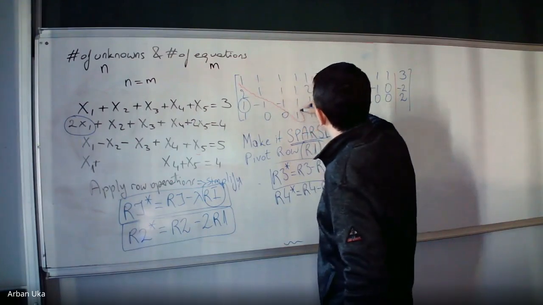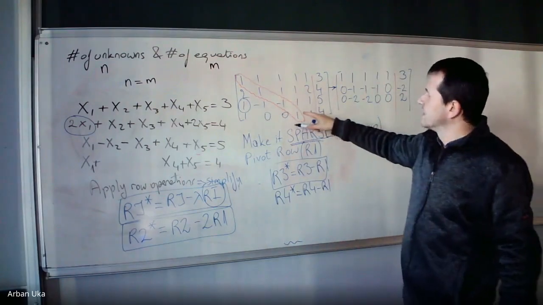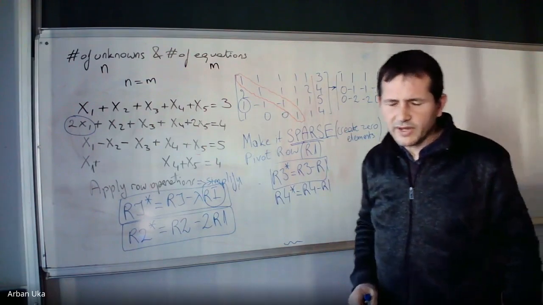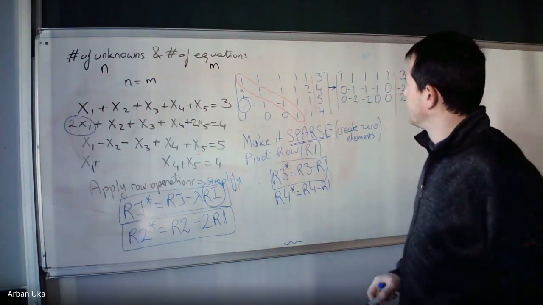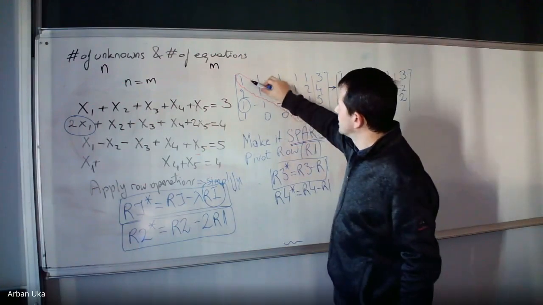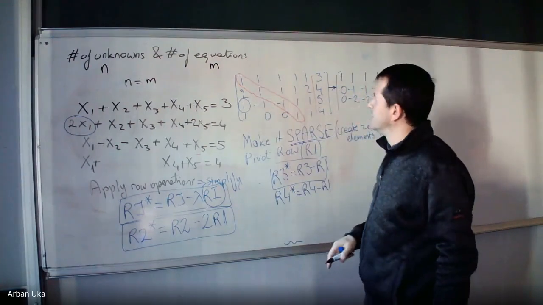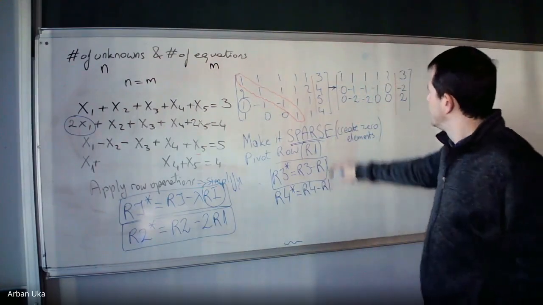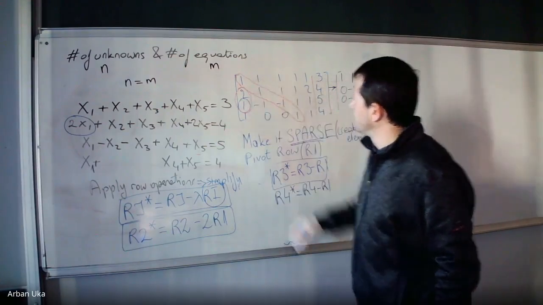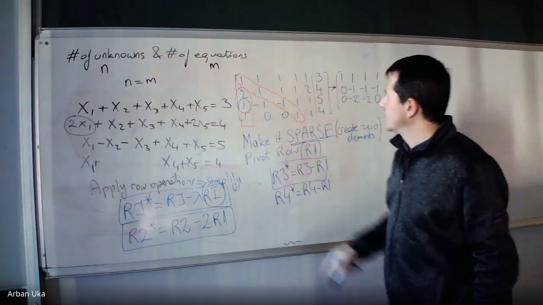If we try to draw the diagonal, this is not a square matrix. It has 4 rows and 5 columns. But we keep this in mind, and our objective is to make zeros all the elements below the diagonal. We did these two successfully. We got zeros from here. The next objective is to make this element 0.